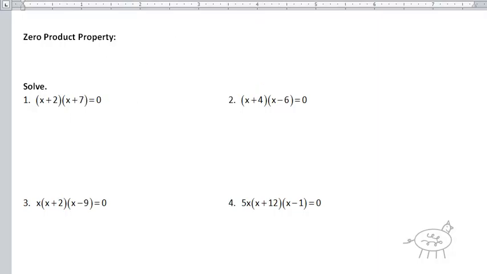Basically what we're doing is very, very simple. When you see a parenthesis, you have a variable inside a parenthesis or a variable outside a parenthesis.